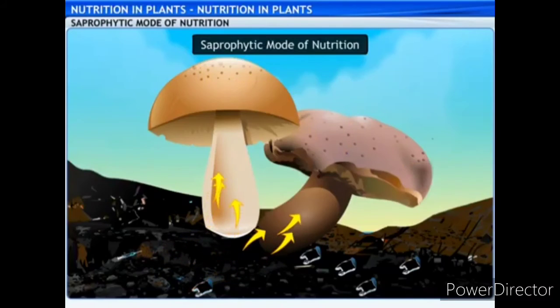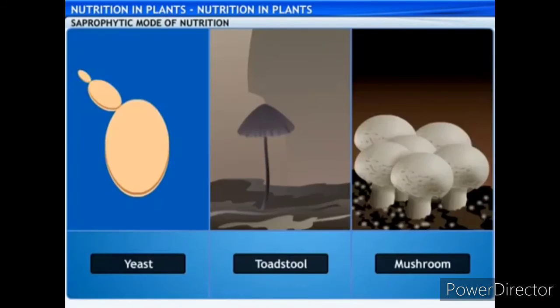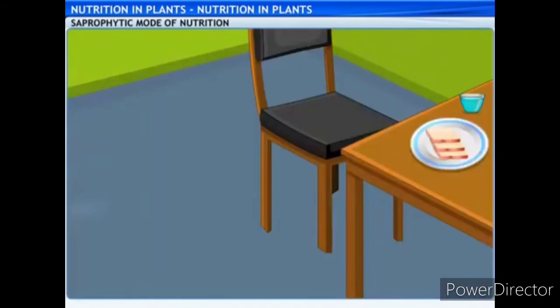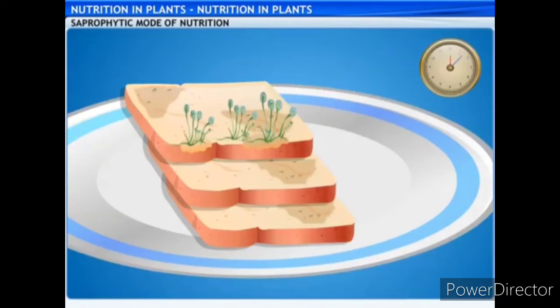And another type is saprophytic nutrition. They are fungi. They have digestive juices. They grow on dead particles and squeeze out the nutrient values from the dead particle, and they return them to the soil again. It is known as saprophytic nutrition. It is also known as the mineralization technique.